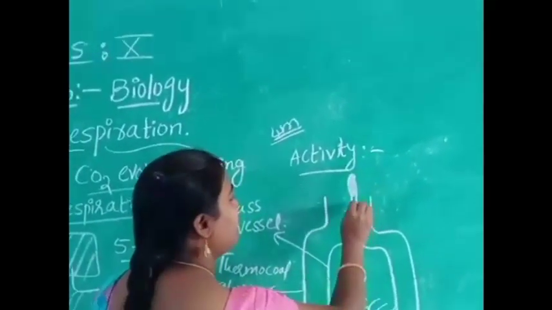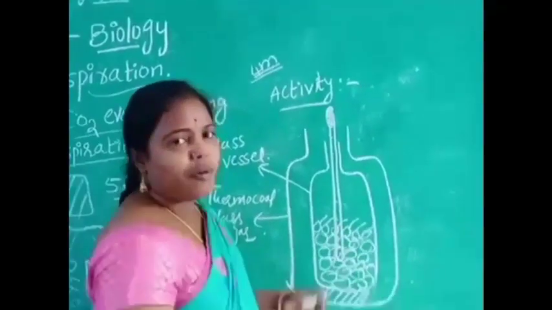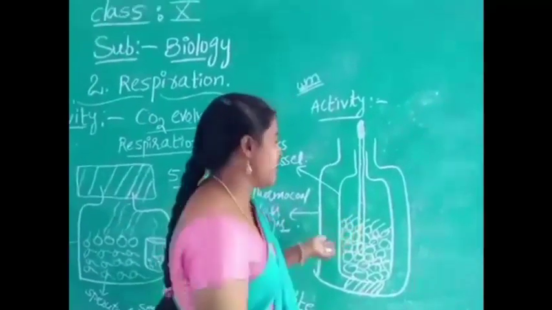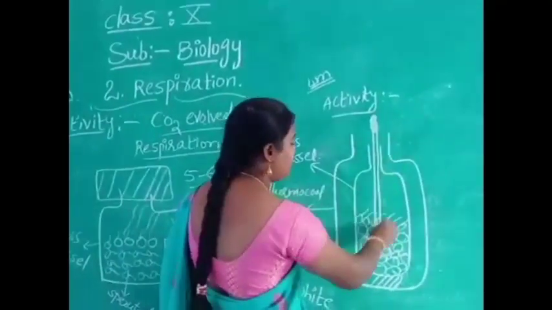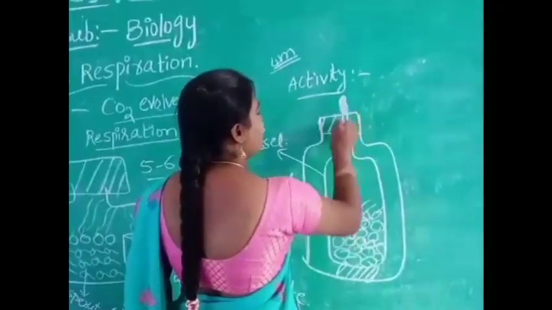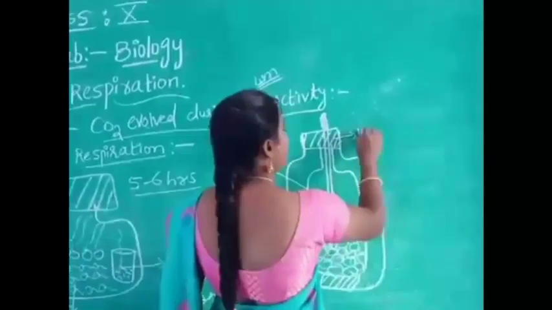So the thermometer contains readings. It shows how much temperature is present in the sprouted seeds. Okay, fix one thermometer into the sprouted seeds. Now close the glass jar by using lid.